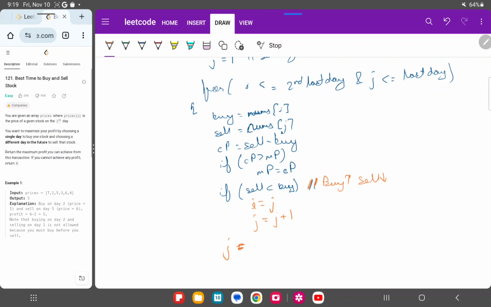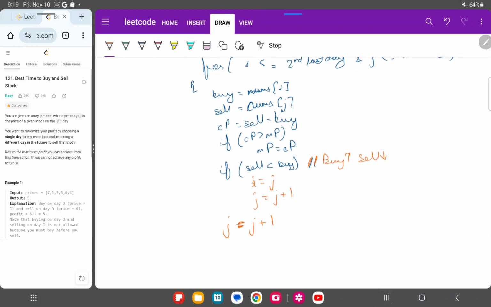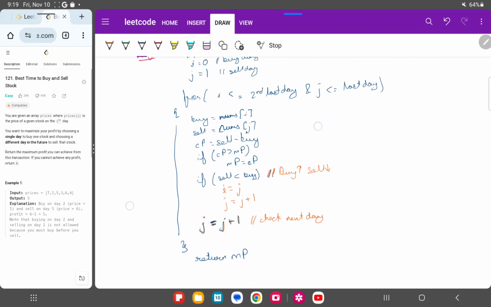And similarly, we keep checking for the next day in every iteration whether we have a better day to sell or not to earn profit. So this is our algorithm, and then after this is done, just return the max profit.